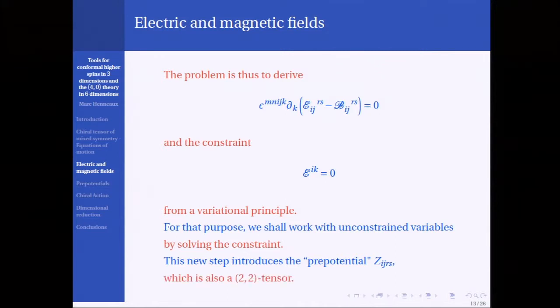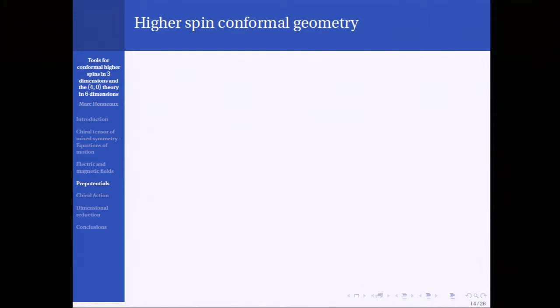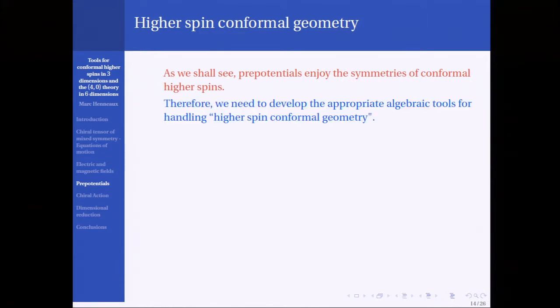So let me talk about that. In order to introduce the prepotentials, I have to say a few words about higher spin conformal geometry, because indeed we will see that the prepotentials do enjoy the gauge freedom of higher spin conformal fields. I will do it with a familiar situation, which is a standard spin 2 field described by a symmetric tensor, but linearized, remember.